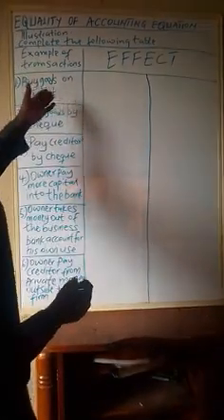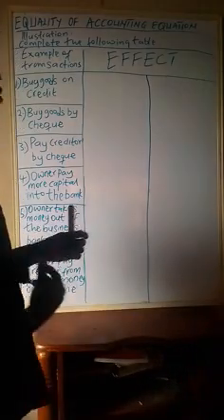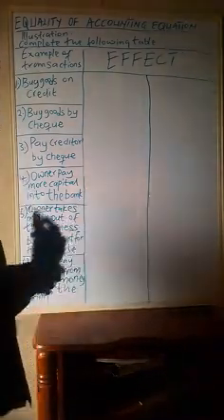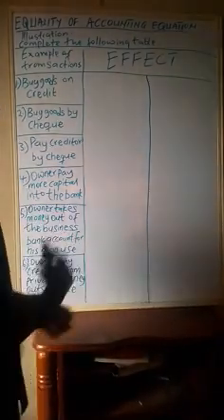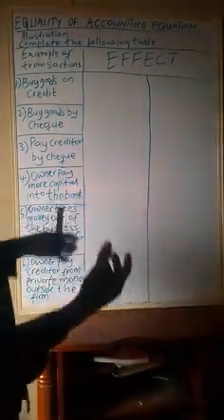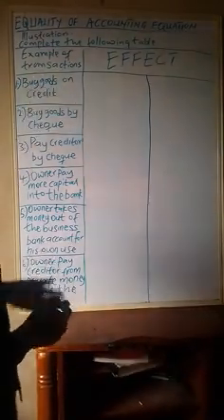So the transaction has two side effects. Buy goods on credit. This is a transaction. Anytime there is an exchange of goods and services between the buyer and the seller, what do we call it? Transaction.